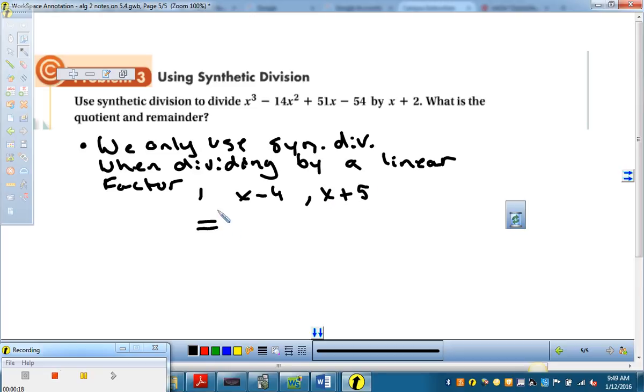We cannot do it when we have x squared plus 2x plus 3. We cannot do it when it's not linear. Okay?